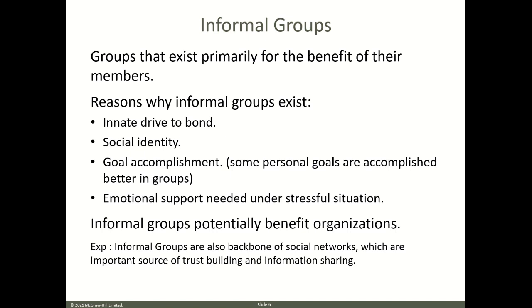Sometimes people are good at having good relationships and bonding. Social integrity and goal accomplishment. Emotional support as well. So informal groups potentially benefit the organization. Informal groups are also the backbone of social networks, which are an important source of trust building and information sharing.